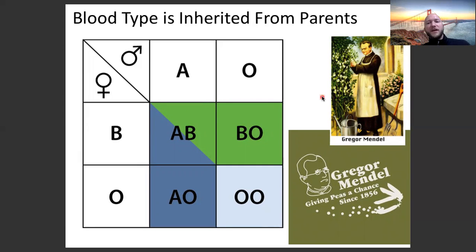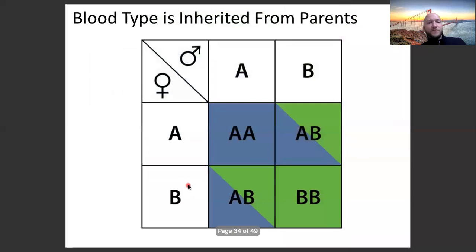You can use Punnett squares to figure out the possibilities for your children's blood type if you know the genotype of the parents. So here we have an AO and a BO, and we can just do our Punnett square: A and B, AB; B and O, BO; O and O; O and A.